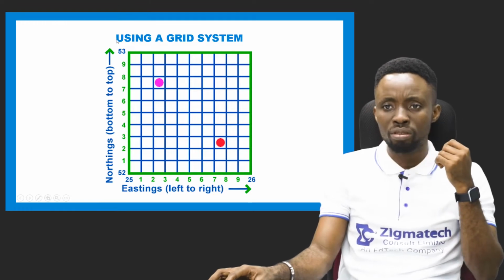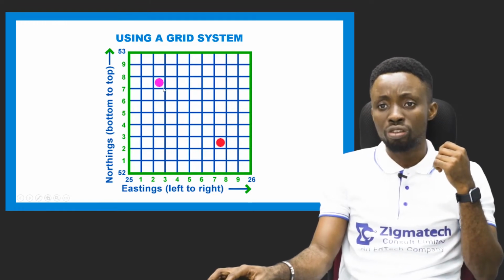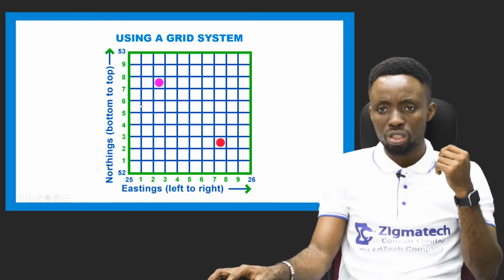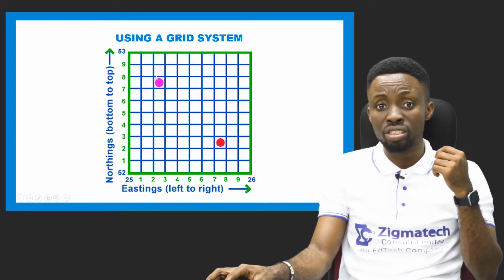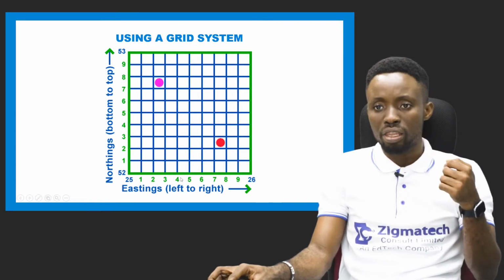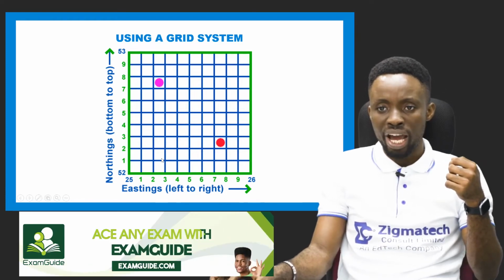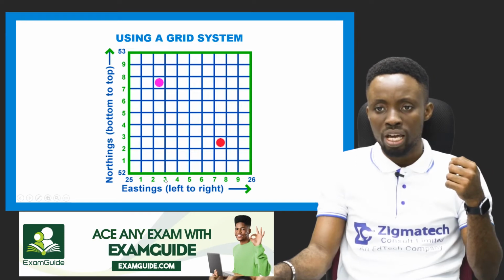So we have the pink dot and the orange dot. Now the pink dot, in terms of northings, is found between 7 and 8, so we say 7.5. And then in terms of easting, that is on the x-axis, we have it between 2 and 3.